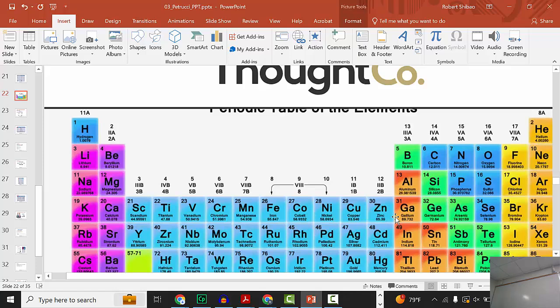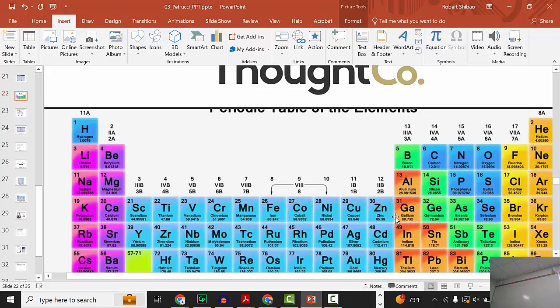And so, for example, some of these, there are no exceptions. Zinc, you know what the charge on zinc is? It's always plus 2. There's no exception. If we have a zinc ion, it's plus 2. Cadmium, there's no exception there. It's always plus 2.